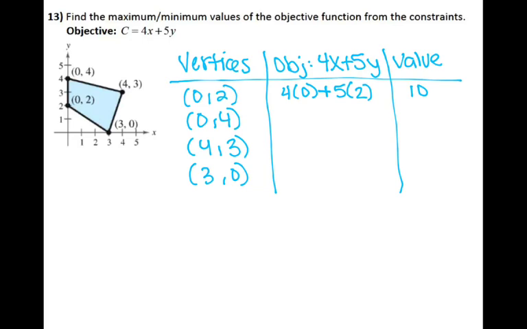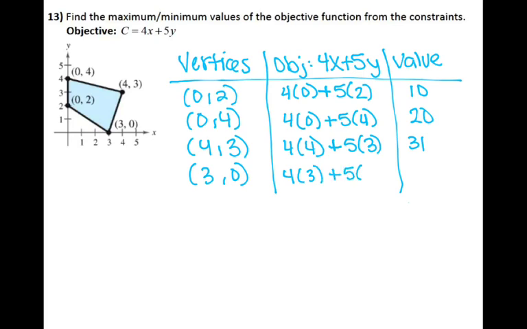That gives me 10. 4 times 0 plus 5 times 4 gives me 20. 4 times 4 plus 5 times 3 is 16 plus 15, which is 31. And 4 times 3 plus 5 times 0, which is 12.